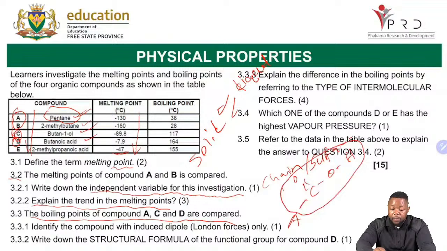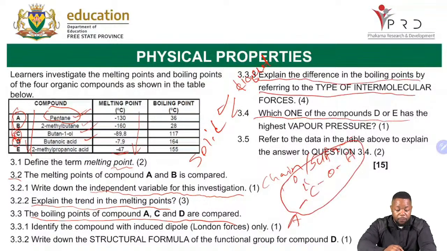And then the other question says, explain the difference in boiling points by referring to the type of intermolecular forces. 3.4 says, which one of the following compounds, D or E, has the highest vapor pressure? We are looking at D and E, which one has the highest vapor pressure? The one with the highest vapor pressure will be the one with the lowest boiling point between the two compounds.